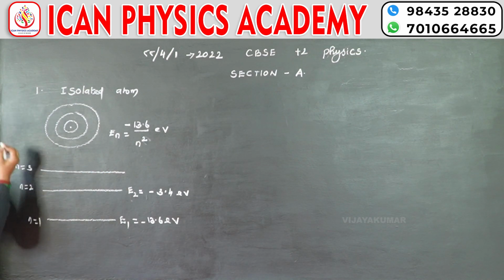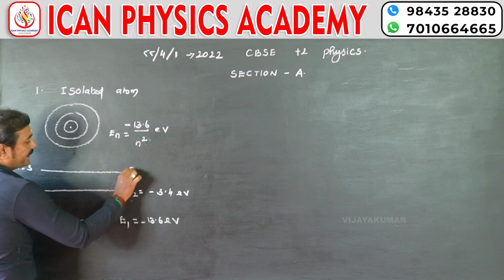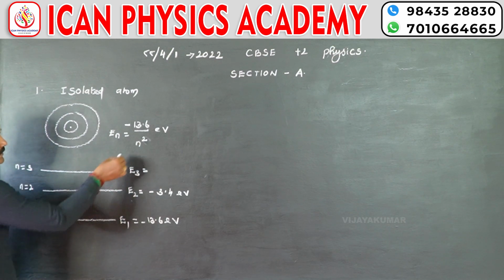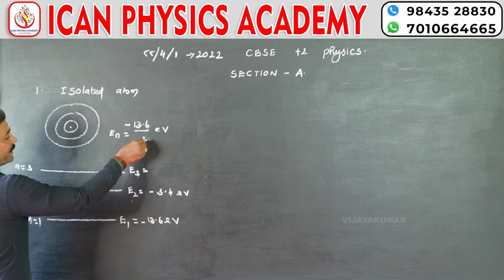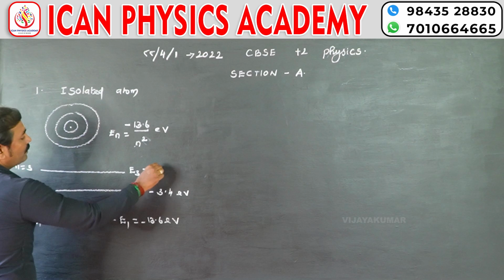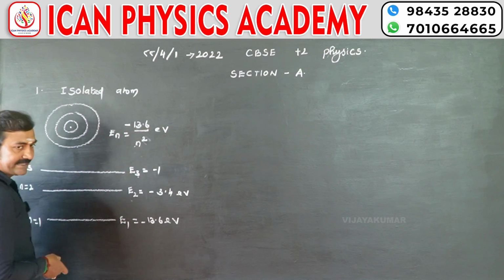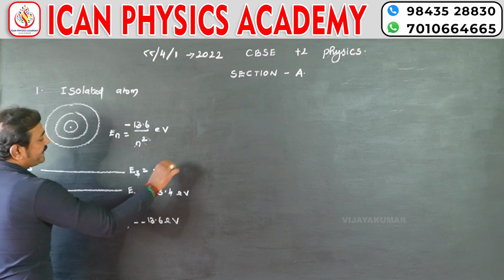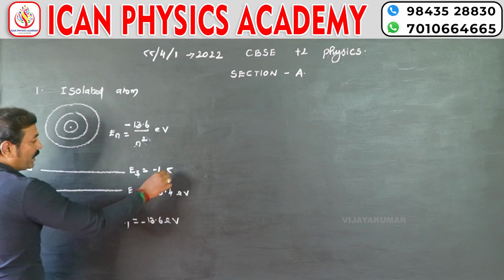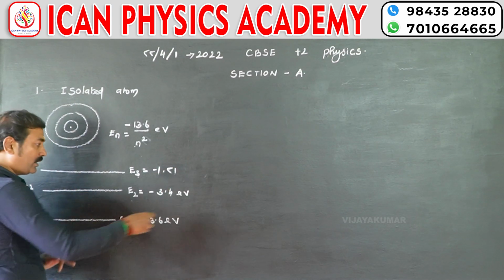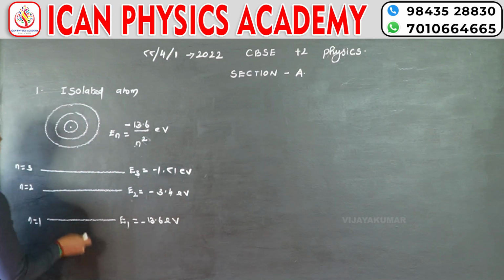The energy of the third orbit: 3 squared is 9, so minus 13.6 divided by 9. Like that it goes, this much of electron volt.